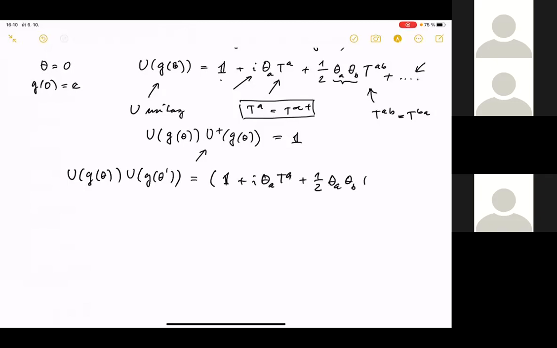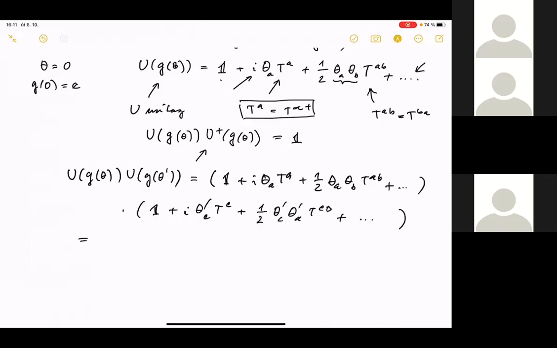theta B TAB plus higher orders, times the same for primed parameters, TC, sorry, plus 1/2 theta prime C theta prime D TCD plus higher orders.